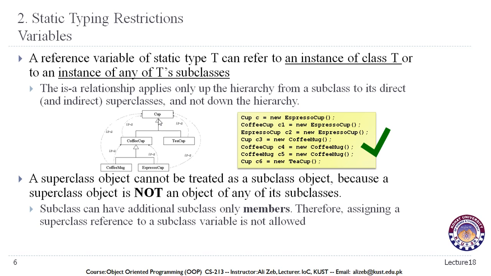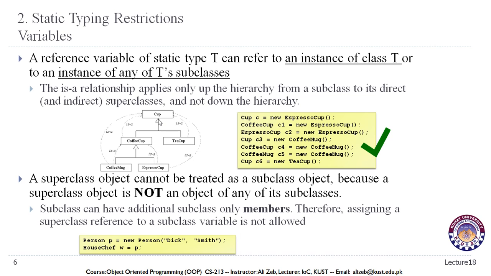For example, if you inherited a class with some methods and then you add some more methods into the subclass, those methods that are only in the subclass should not be able to be called by an object of the superclass. Therefore, assigning a superclass reference to a subclass variable is not allowed. That is why the reverse hierarchy is not allowed.